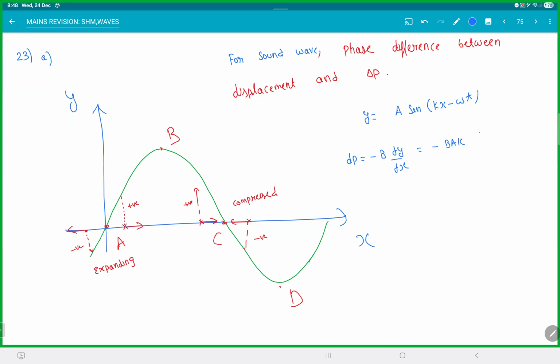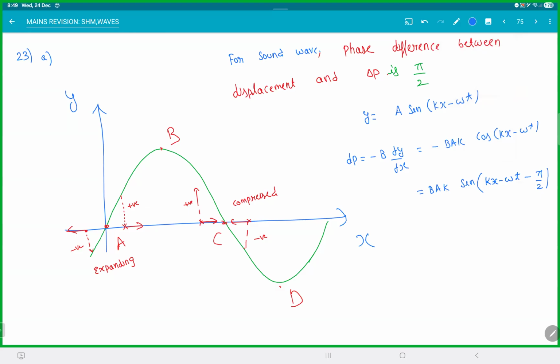This guy becomes cos. So that will be BAk sin(kx minus omega t minus 90 degrees). So the change in pressure is actually out of phase by 90 degrees. The phase difference between this is pi by 2. Be careful. It's not pi.